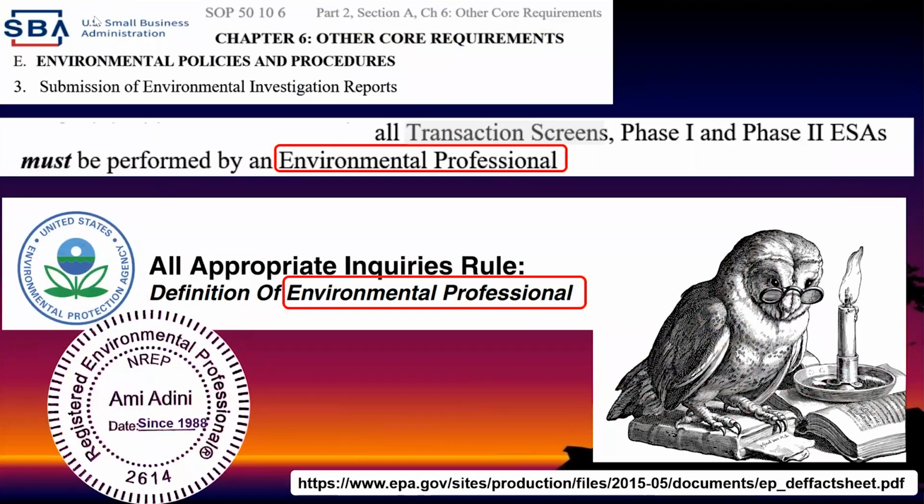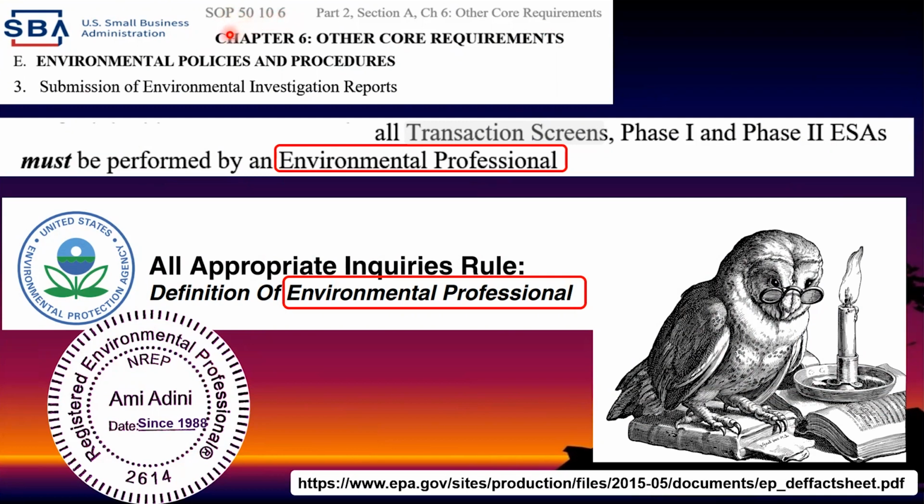The SBA, the U.S. Small Business Administration, has its standard operating procedure, SOP 50 10 6. The 6 is the sixth revision, and it is a Bible. It is a huge SOP with many books in it.